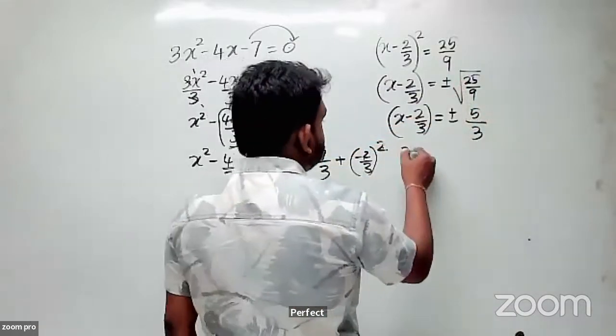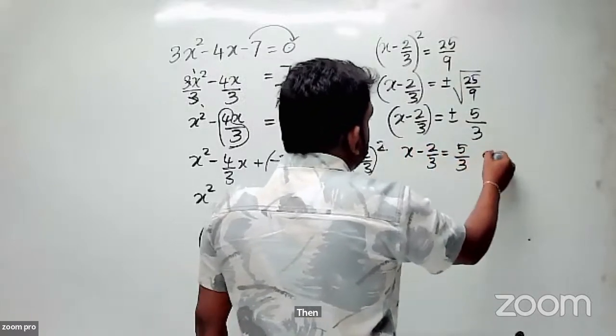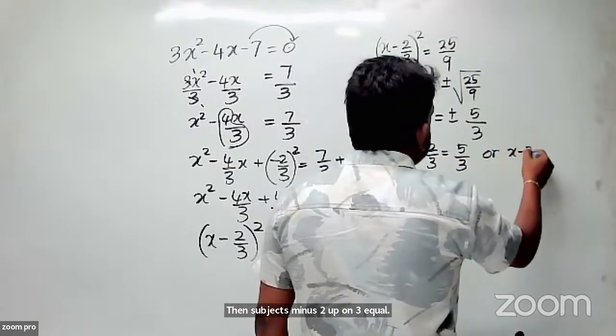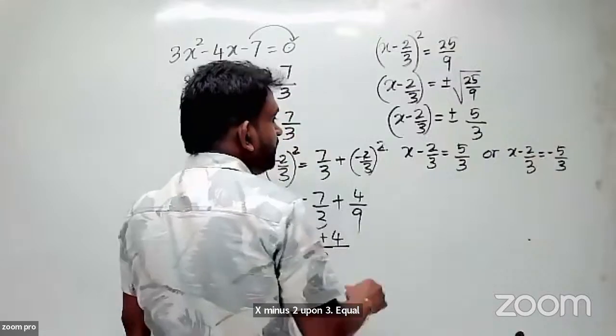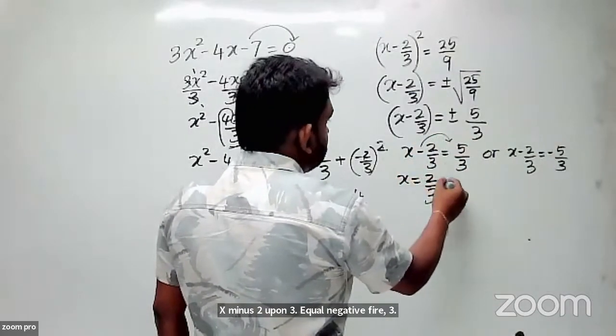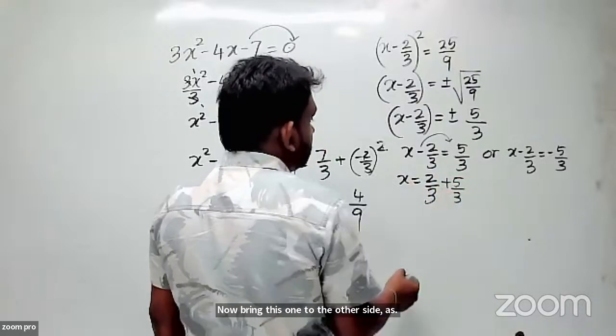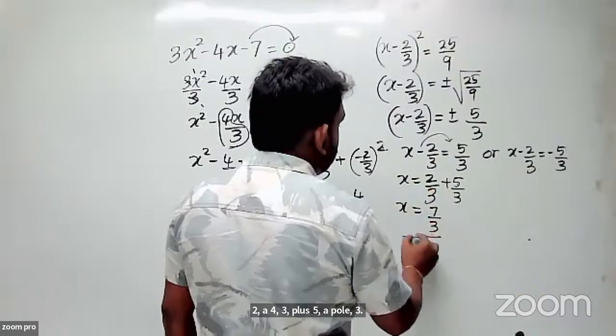Then x minus 2 upon 3 equals plus 5 upon 3. The other one, x minus 2 upon 3 equals negative 5 upon 3. Now bring this to the other side as 2 upon 3 plus 5 upon 3. Then simplify, 5 plus 2, 7 upon 3.